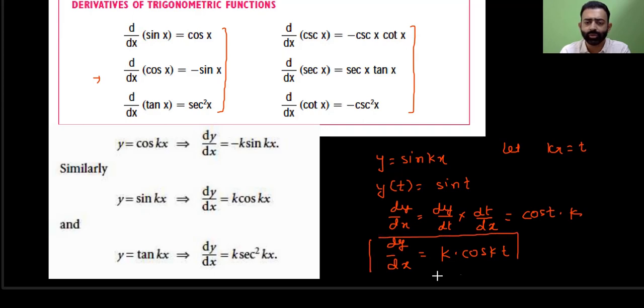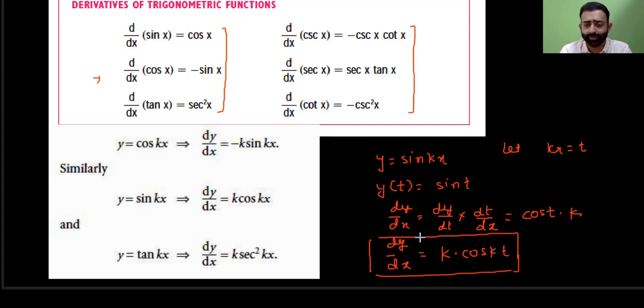So what this chain rule simply says is, differentiate the function f of kx with respect to kx first and then differentiate kx with respect to x. So derivative of cos kx is minus k sin kx.